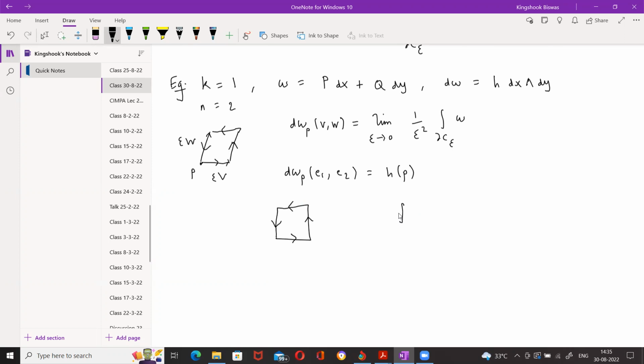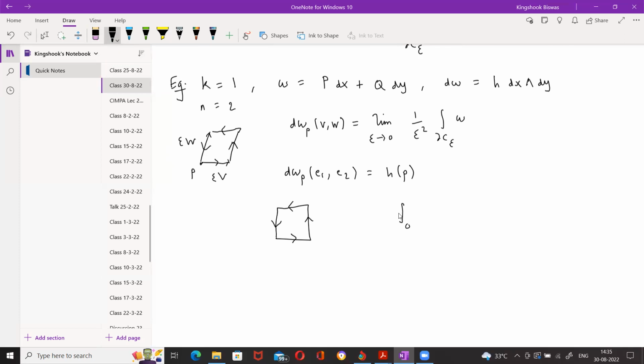So when I take the boundary, I'll get an integral from 0 to 1. So it's C epsilon, right? So omega of... well, okay.